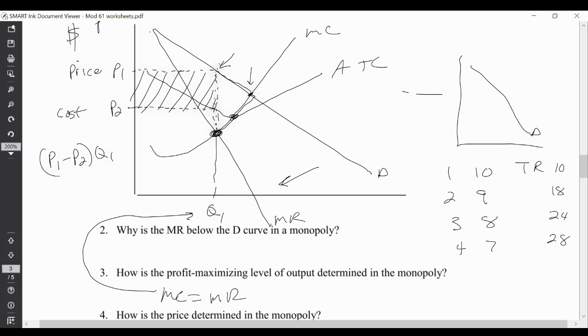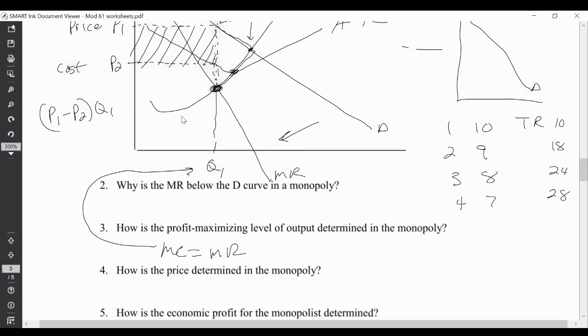Number four then says, how is the price determined for a monopoly? The price is determined by the demand curve that's above where marginal revenue equals marginal cost. So essentially, the price is greater than MC equals MR because marginal revenue is always inside of the demand curve. So the price is always greater than that, and we saw that on that graph.